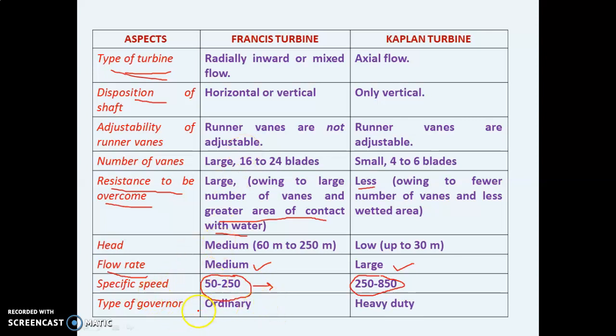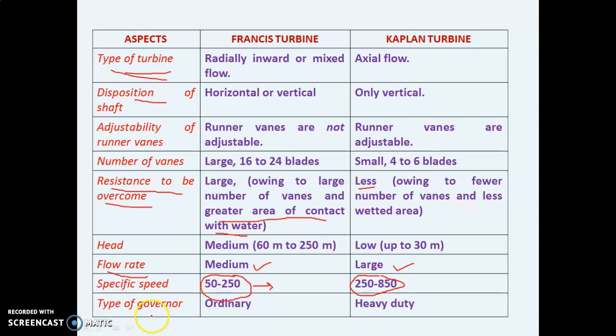Now the type of governor. What is a governor? There is a governing mechanism in the turbines which allows it to control the flow rate depending upon the load condition. Depending upon the electricity requirement, we can either decrease or increase the flow rate.